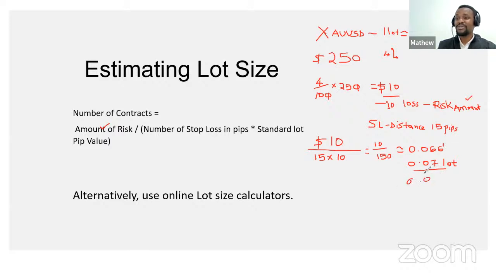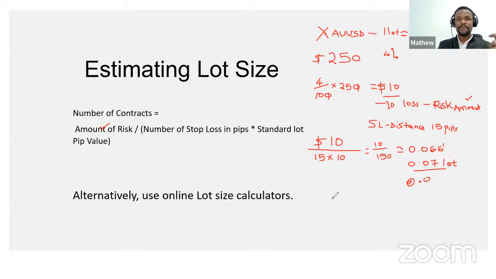You might decide to use exactly that lot size, right? Or just take a smaller size. For example, in the case of scaling in, you might have decided to enter in 0.01 sets.